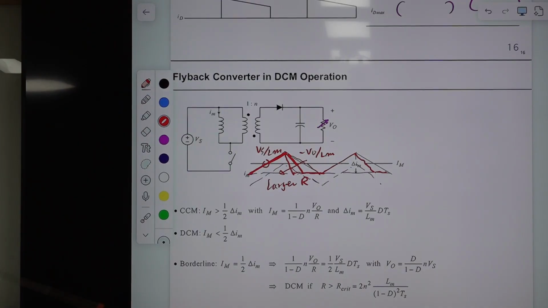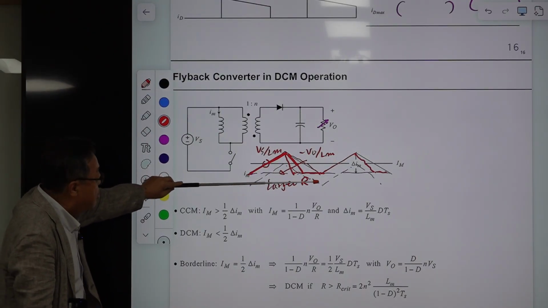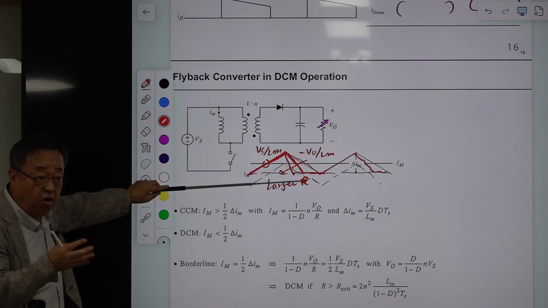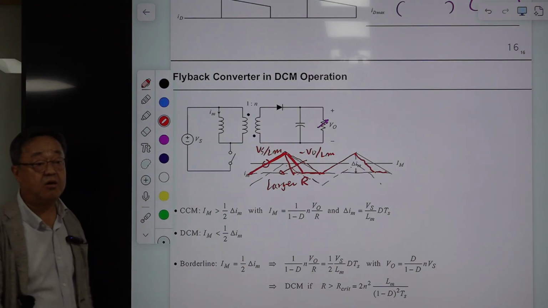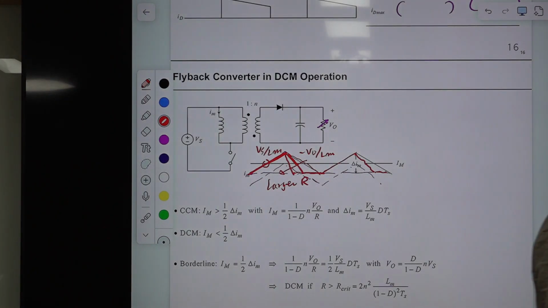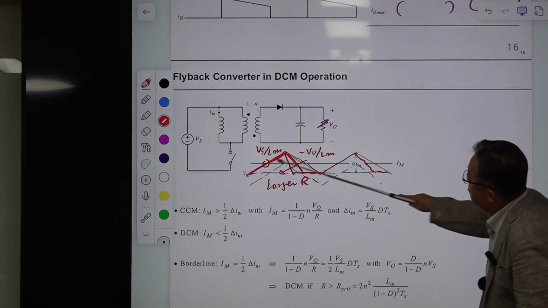For this case, there is a time period where the diode current, or magnetizing inductor current, is not present. That is, this current becomes discontinuous. So this mode is called DCM, discontinuous conduction mode. Okay, so this is one operational mode. Then this is the borderline.